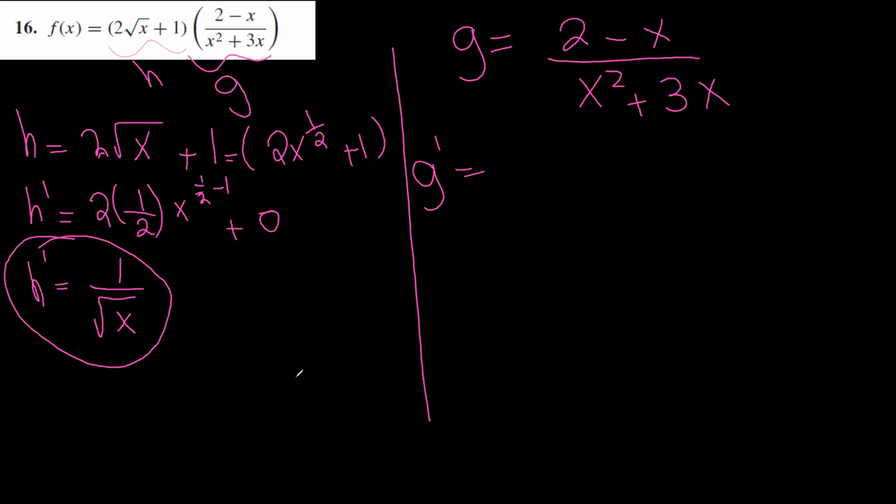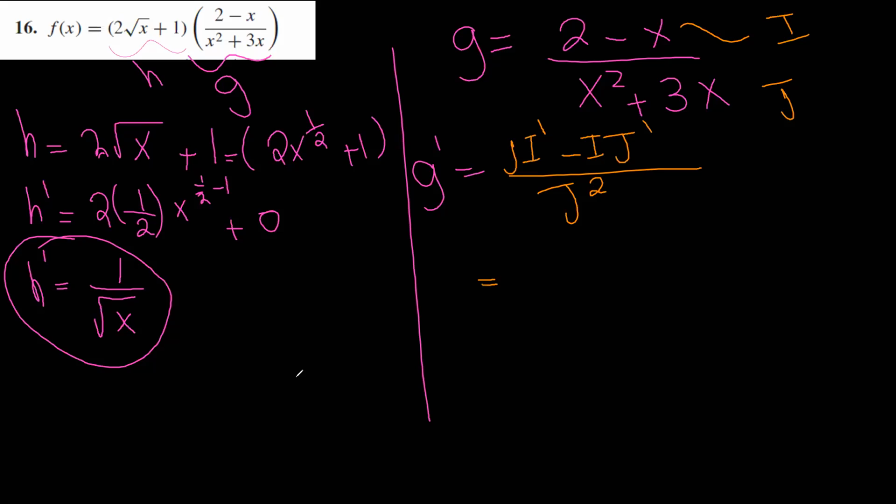We will name them i and j. So g prime is j times i prime minus i times j prime, over j squared.